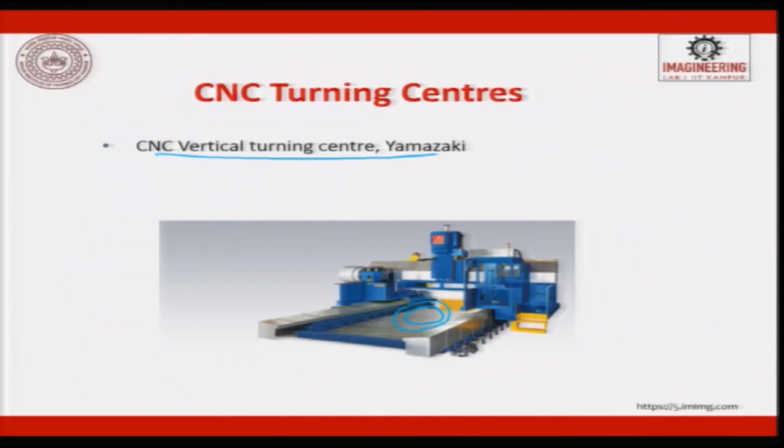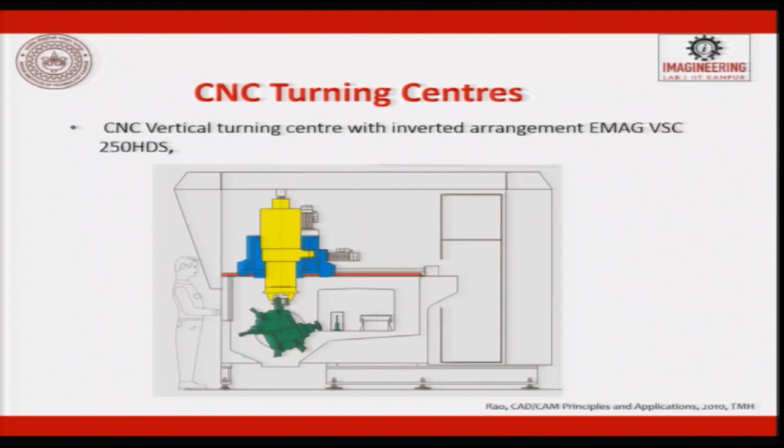The die is machined using a CNC vertical center. So, CNC vertical center with inverted arrangement, you can see, which is inverted arrangement. So, all options of CNC machines I am talking about.